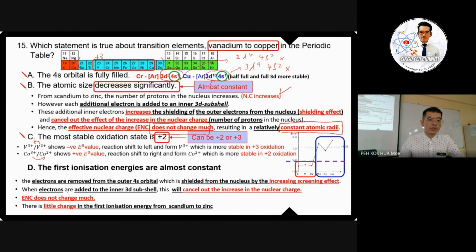So overall, the effective nuclear charge does not change much. That means the size will be almost the same, and the first ionization energy will also be almost the same. So here, correct, because it mentions almost constant.